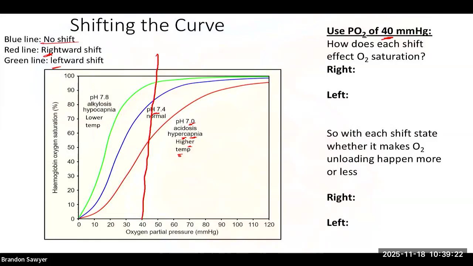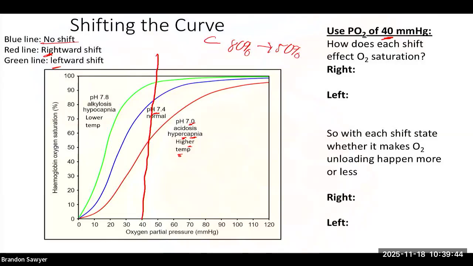So with the blue line, what'd you get? Somewhere around 80%-ish? Yeah, so the normal, the blue line, would be about 80% saturation, right? With that red line, maybe somewhere around 50, 55. Is that kind of what you guys put? Something like that. So if we shift to the right, we got about 50%, right?